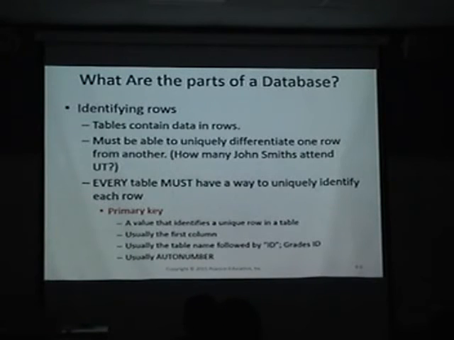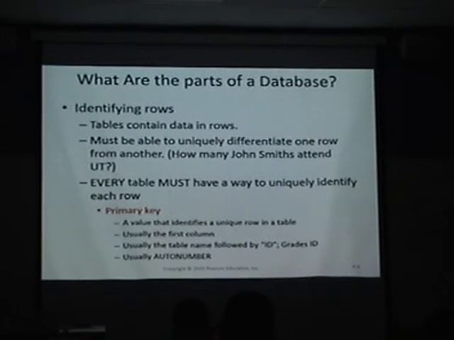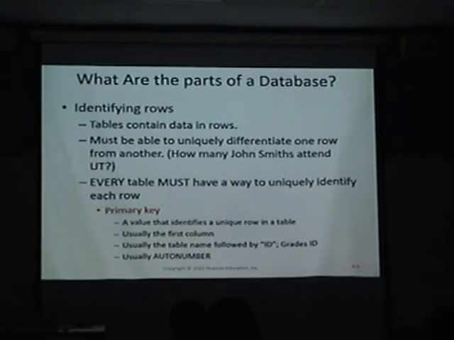How does the IRS know which taxpayer John Smith is which? Social Security number, okay? Those are called primary keys. They help to uniquely identify things, okay? Primary key. It is a value that identifies any particular row.